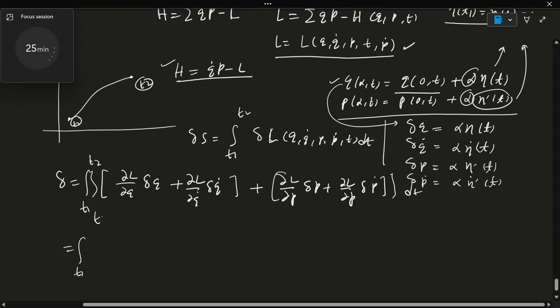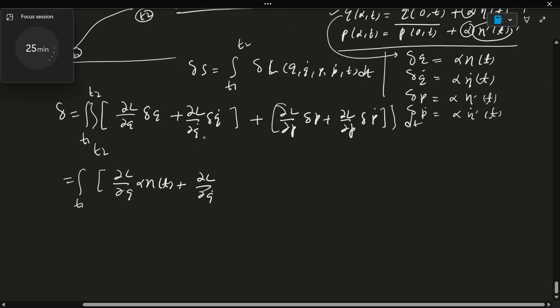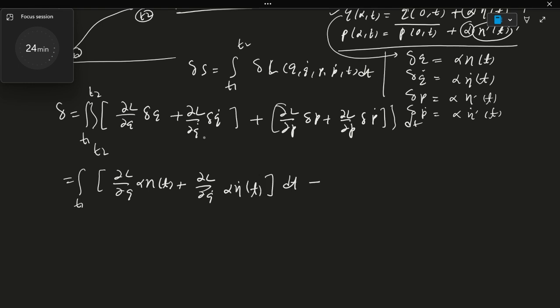If you put the value, so ∂L/∂q times alpha times eta of t, plus ∂L/∂q̇, and delta q̇ is your alpha times eta dot of t, times dt.